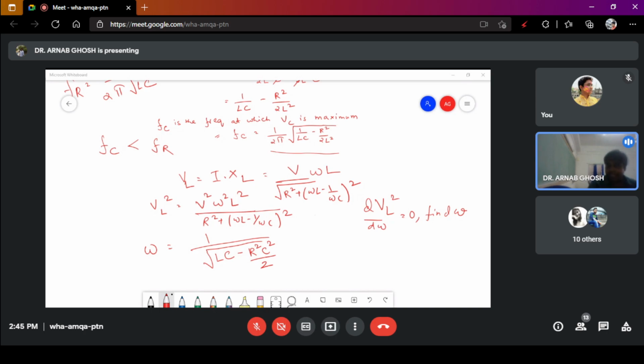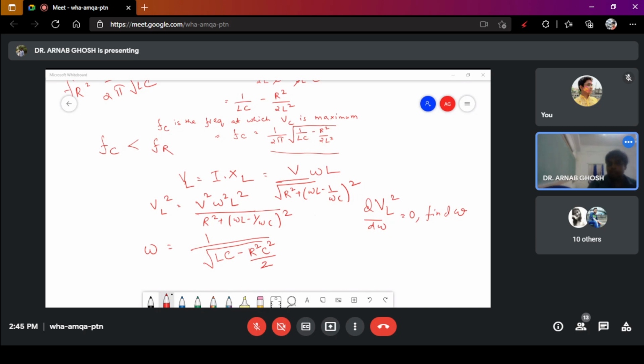Okay, and this frequency is greater than omega 0. The frequency that you get here, that is FL, is 1 by 2 pi root over LC minus R square C square by 2. This is greater than F0.